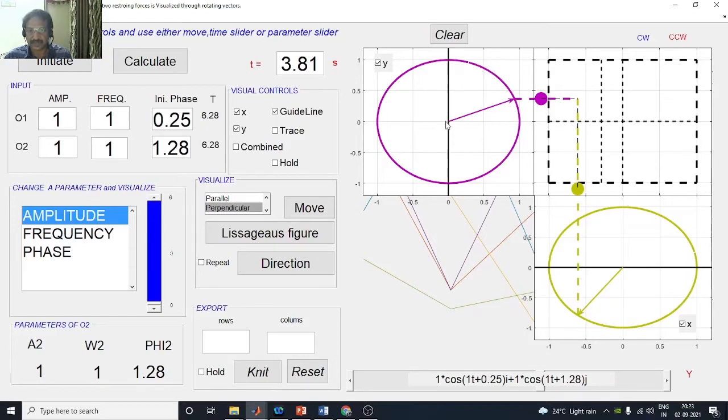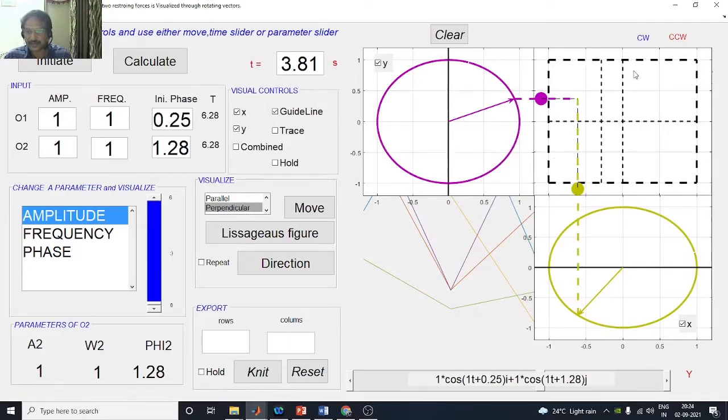And for this oscillator the angle with respect to the y-axis is taken, and the projection is taken on the vertical axis. The projection is here, and we are looking at what would be the position of an object which is subjected to two such oscillations, and its intersection would be the point.